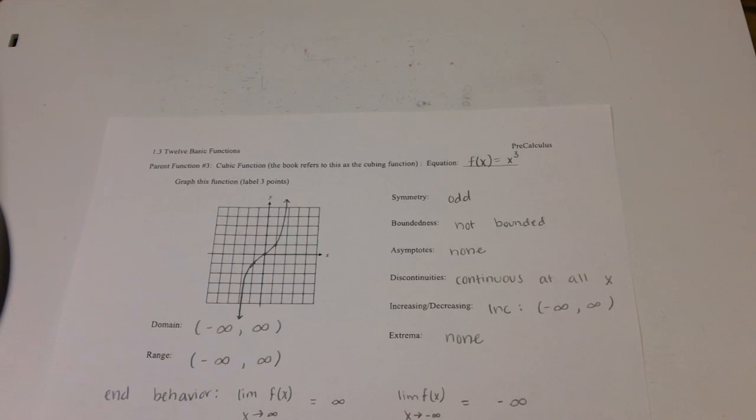It's increasing from negative infinity to infinity. There are no extrema. The domain goes from negative infinity to infinity, and so does the range. For the end behavior, the limit as x approaches infinity is infinity, and as x approaches negative infinity, it's negative infinity.